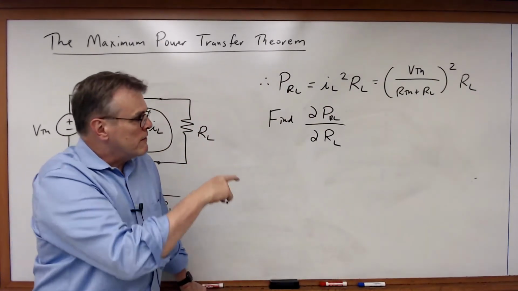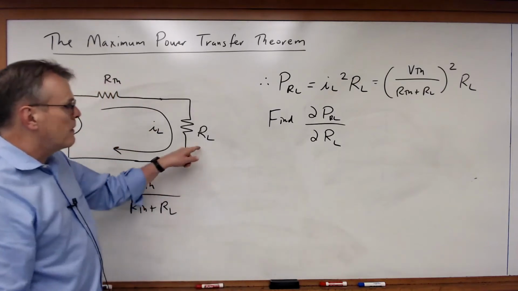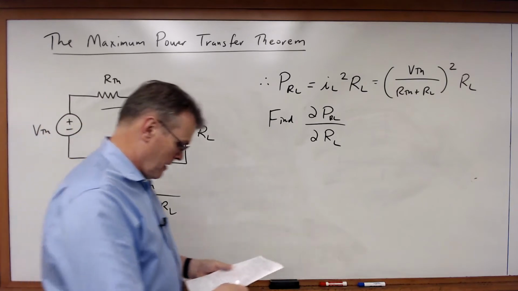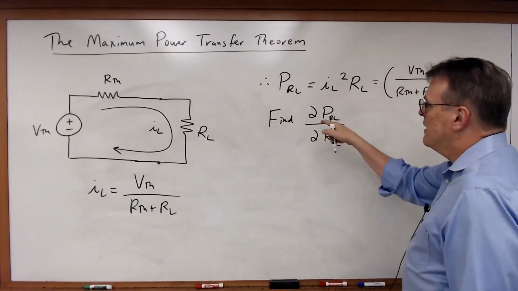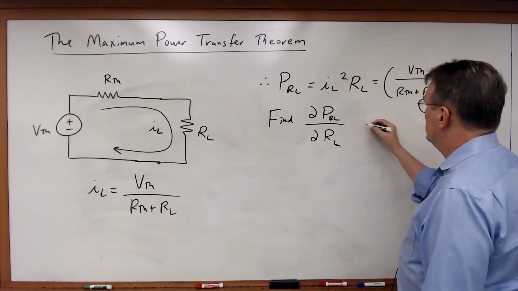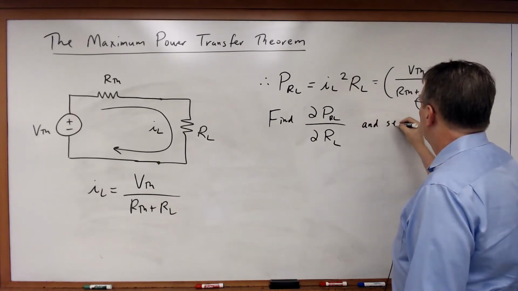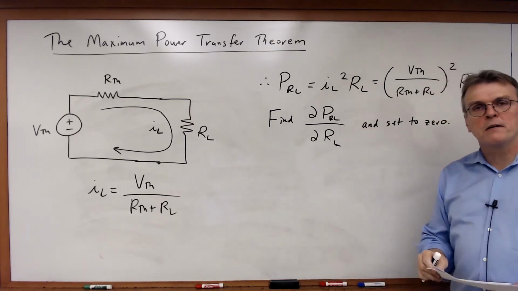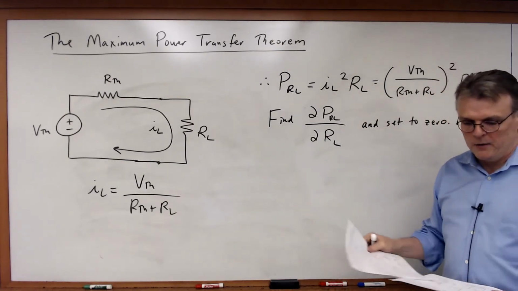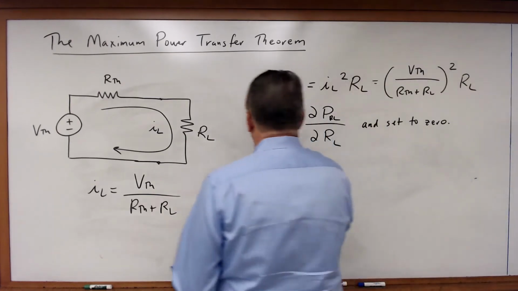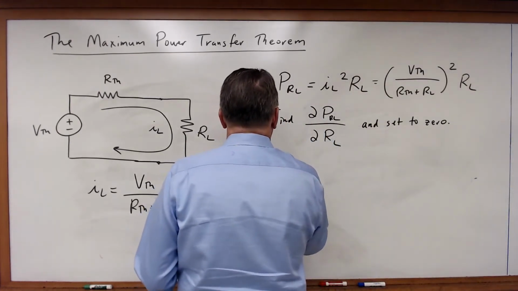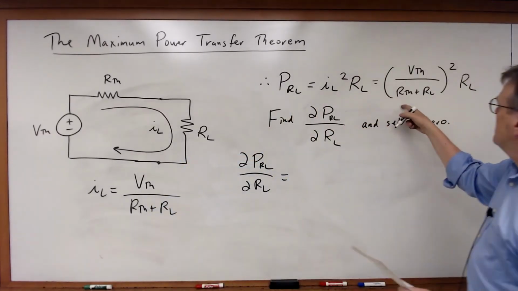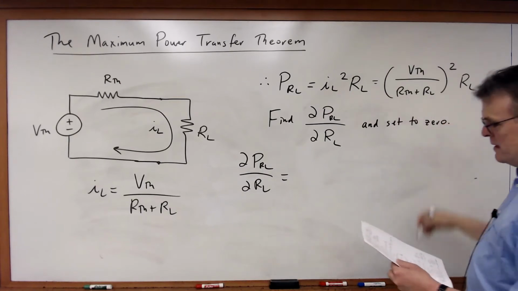So the partial derivative with respect to RL, knowing of course that RL is really the only quantity that we can change. So everything else will be fixed. All right? And then set this derivative to 0. So basic calculus, okay? One of the fundamental little tricks we learned in calculus. So in this case, taking this expression I'm going to use the chain rule on this.